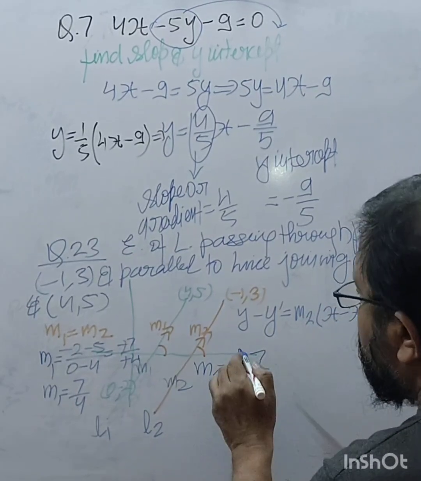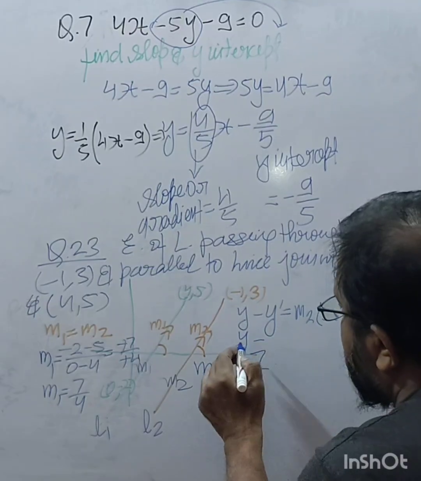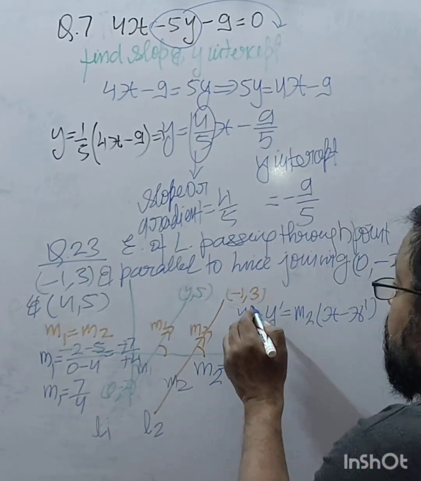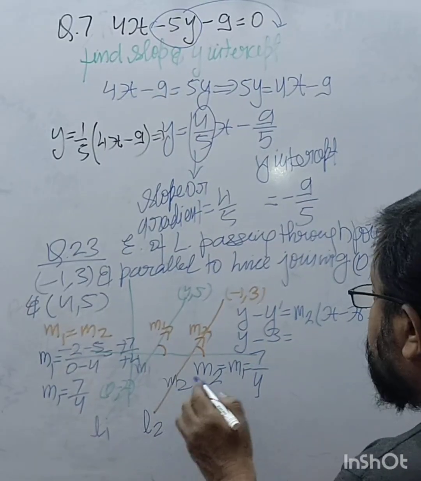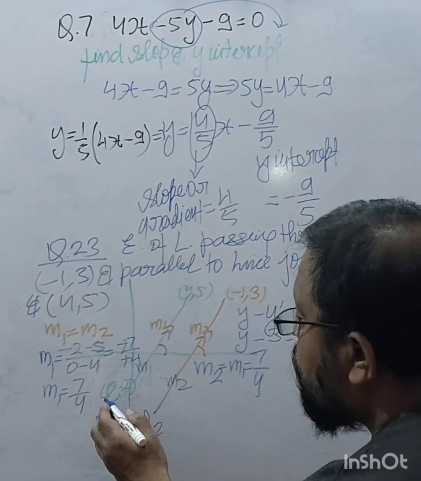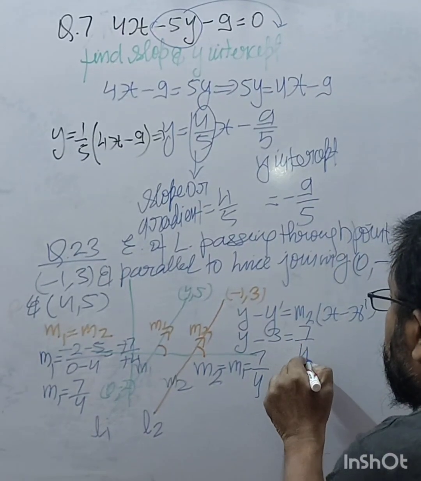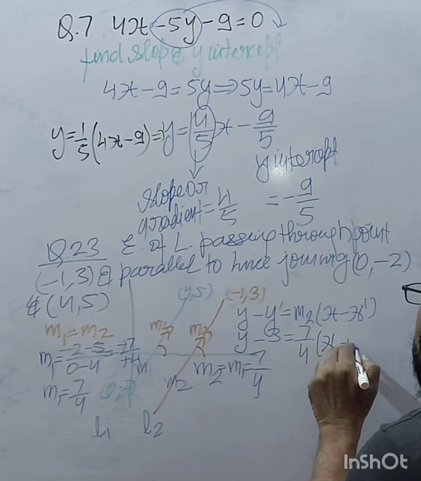So y minus 3 is equal to 7 upon 4 bracket x plus 1.